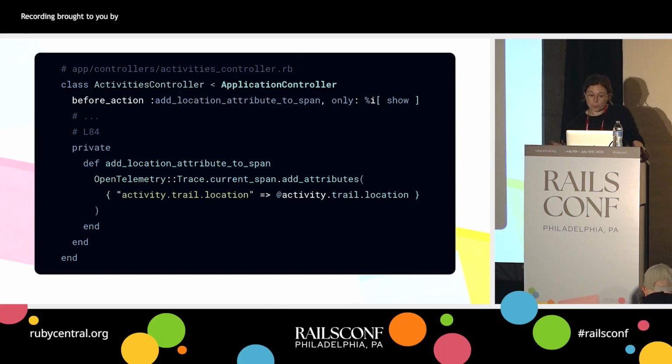And then below the main bulk of the controller actions in the private section, I create a new method called add location attribute to span. In here, we're going to call the OpenTelemetry trace current span method. So this one is a little different than the method we looked at before. We're not using our tracer, we're using the OpenTelemetry trace API.